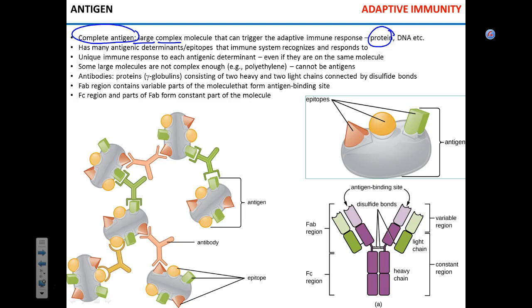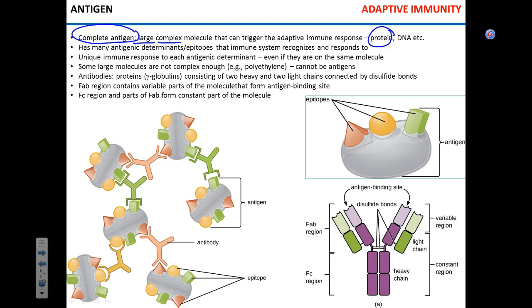And that makes perfect sense, because any kind of pathogen secretes an enormous amount of protein products, right? Proteins are what constitutes life. Proteins are the most abundant molecules in the cell. So no wonder that the main type of antigen is the protein.